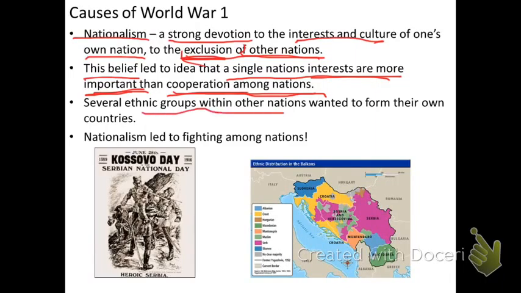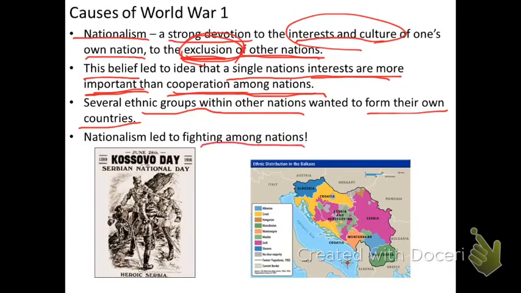Several ethnic groups within other nations wanted to form their own countries. So within a country, you may have some different nationalities who felt, again, that their culture, their own interests, was superior to everyone else's, and so they started to look to exclude other nations.